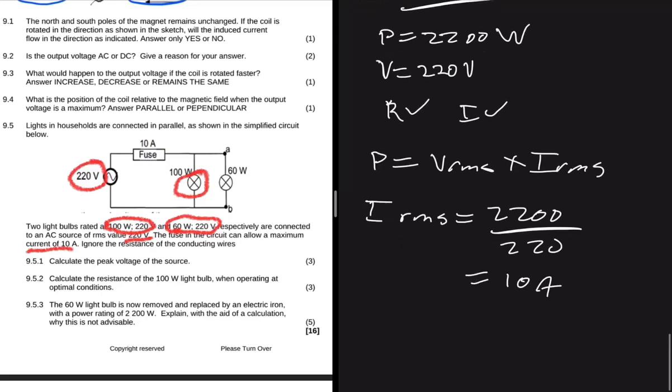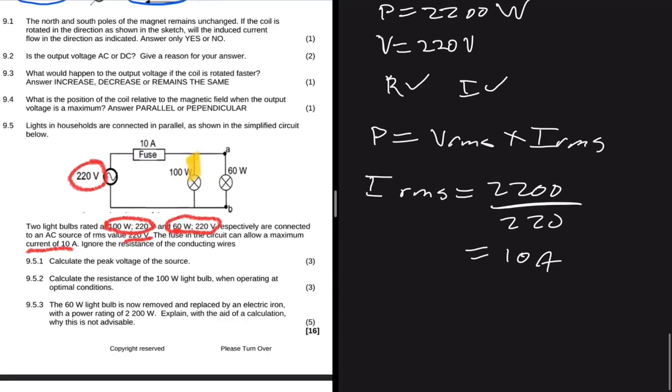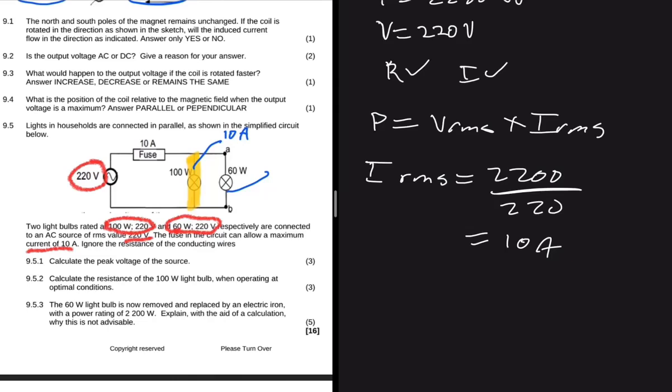So on this line here that I'm circling now in yellow, let me just make that more appealing. On that line there, we're going to have 10 amps, right? But then we also have this line here, which will have its own current. We can actually calculate that current, because we know the power there and we know the voltage.